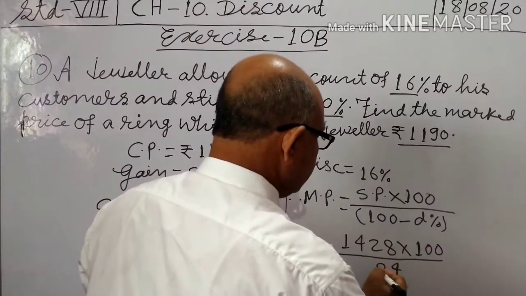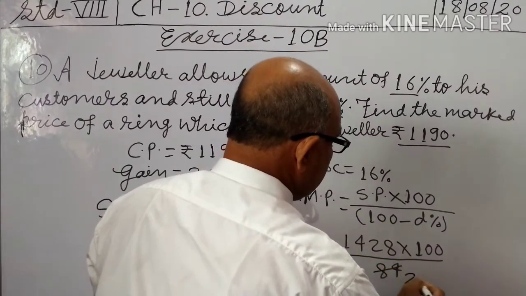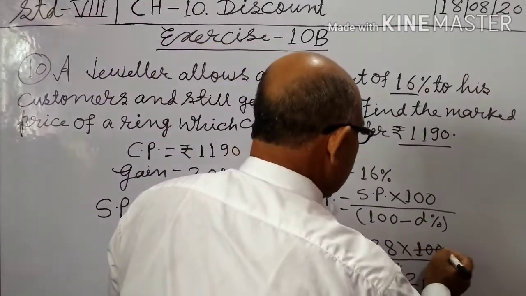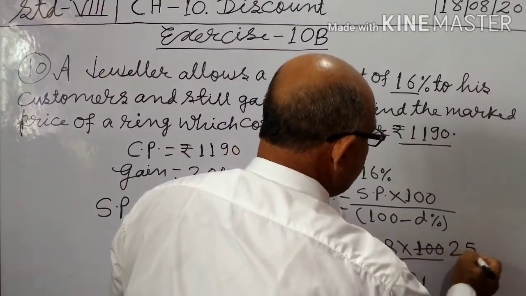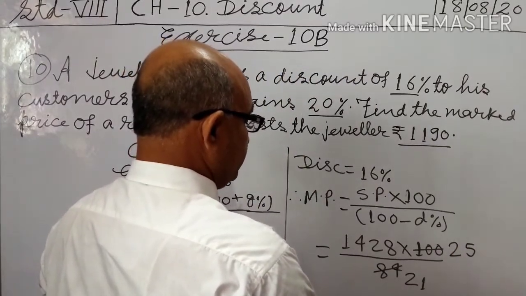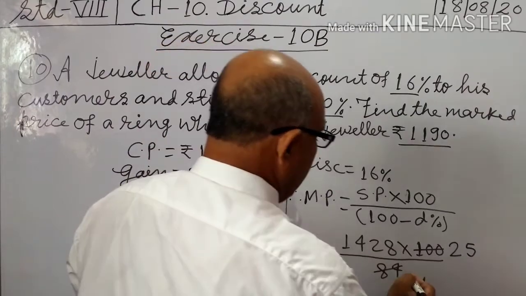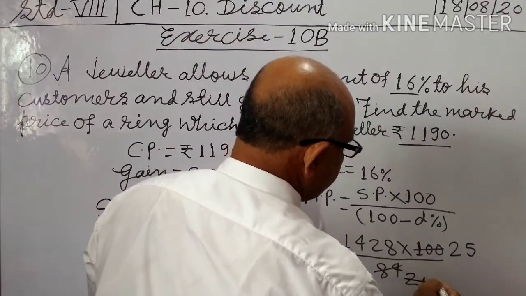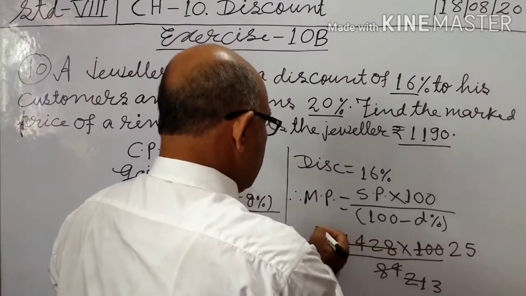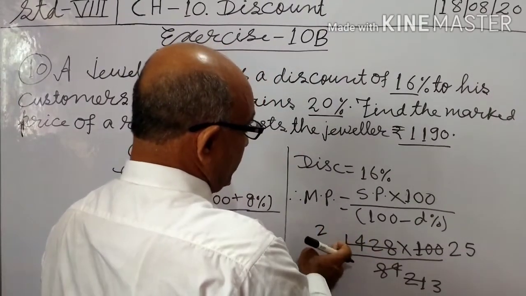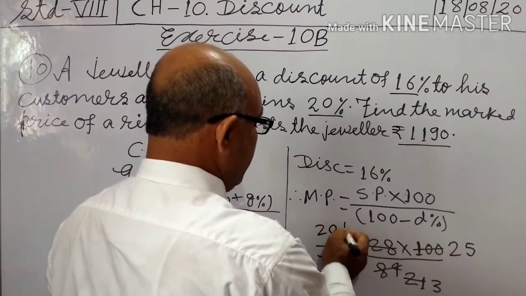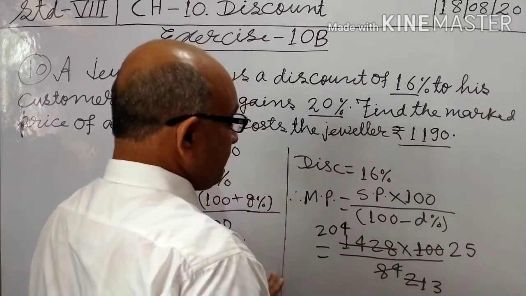Divide it. 21 for the 84 and 25 for the 100. Now 7 threes are 21 and 7 twos are 14, 7 fours are 28.